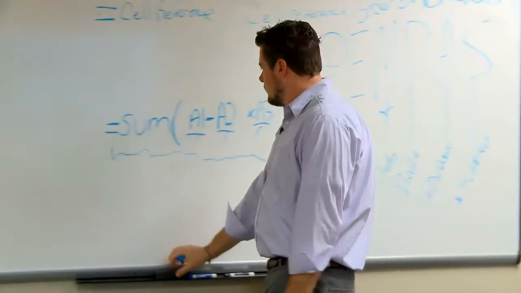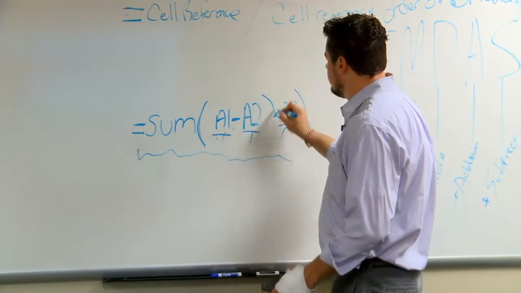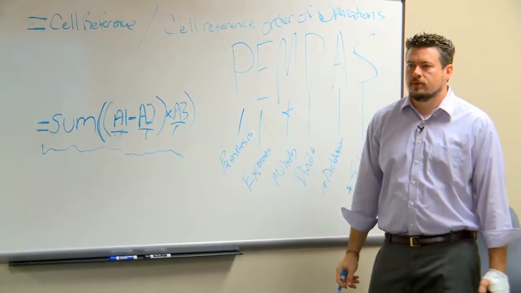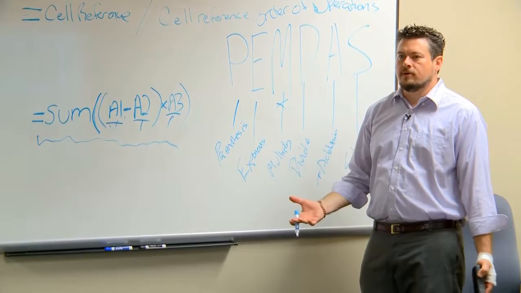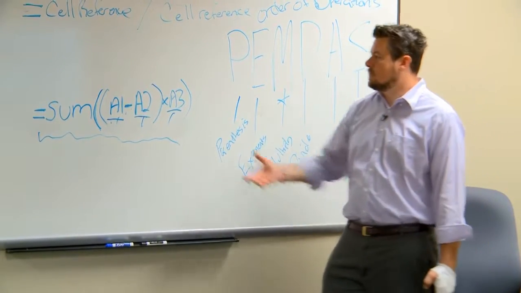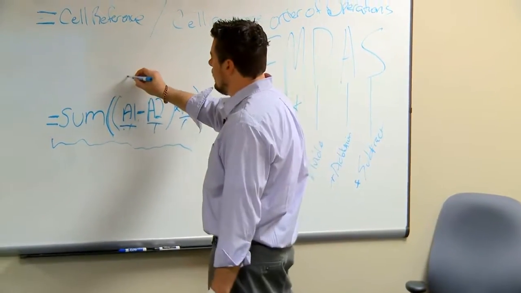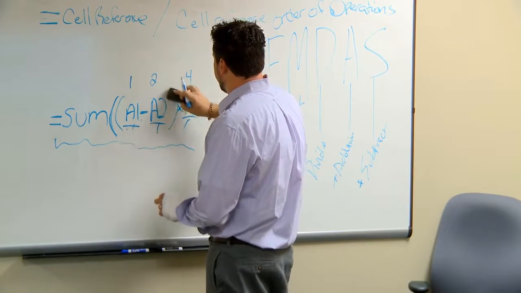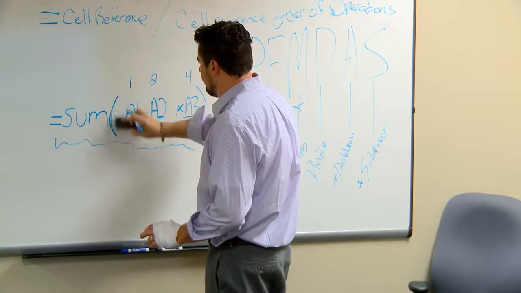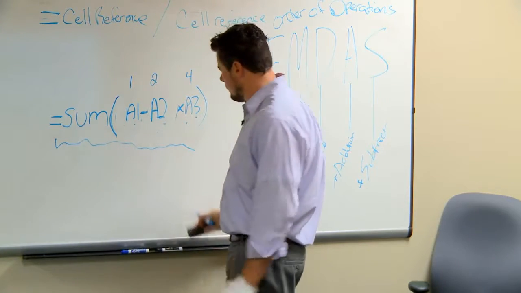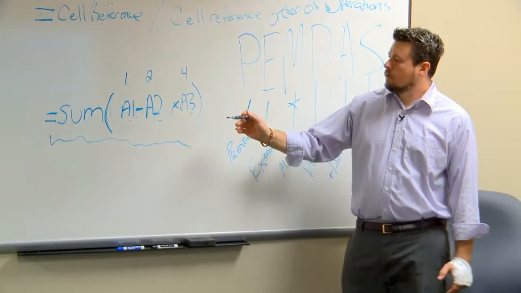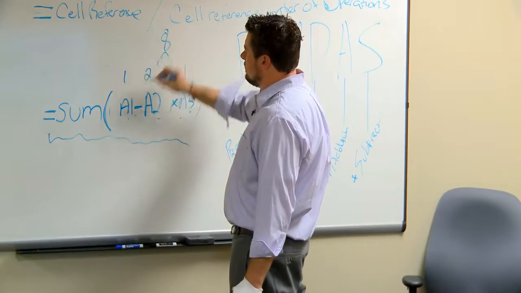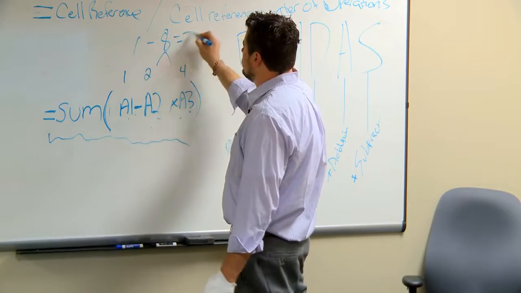But if you utilize and kind of inject parentheses into this, and I'll bracket out A1 minus A2, it changes the whole entire result. Because if we do this, and let's say A1 is 1, A2 is 2, and let's do 4. Then the way you just stated would be 2 times 4 is 8, minus 1, equals 7.